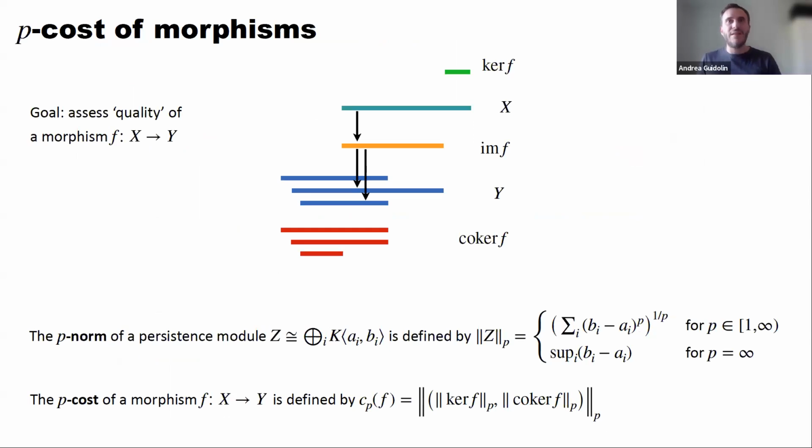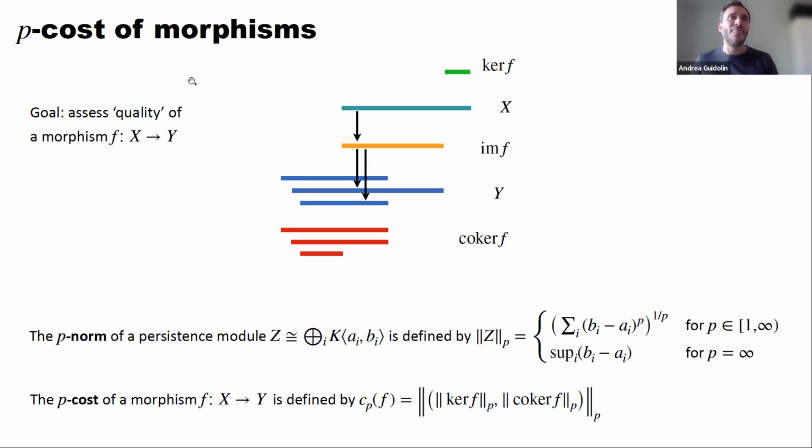All right, in the last part of the talk, I will consider a different type of comparison for the matchings, and I will also compare them to the original morphism that induces them. And this is a more quantitative comparison, so to speak.